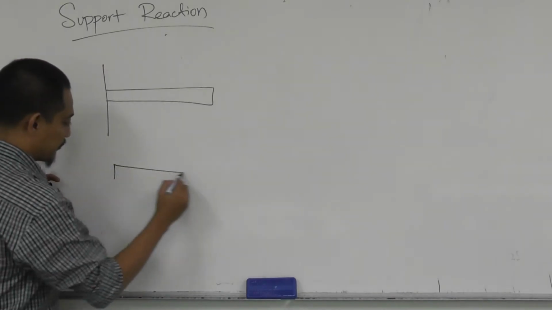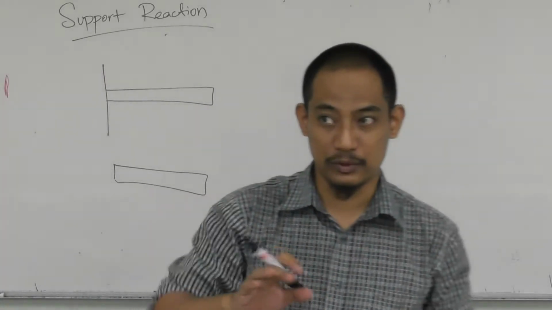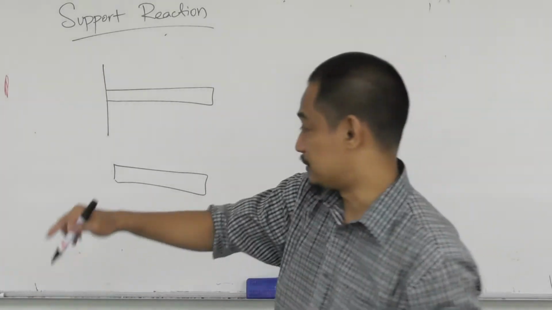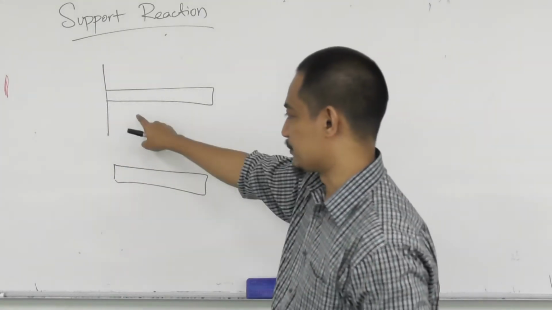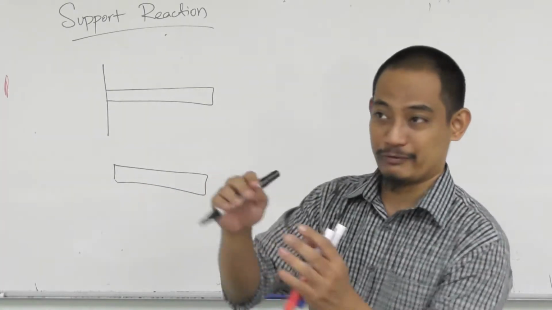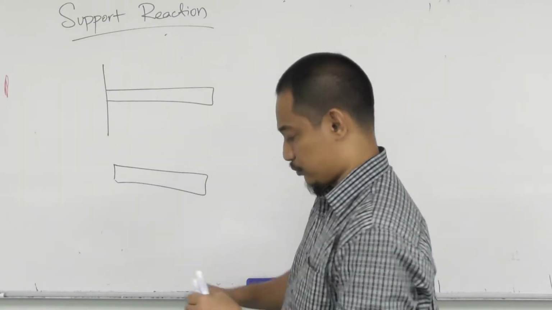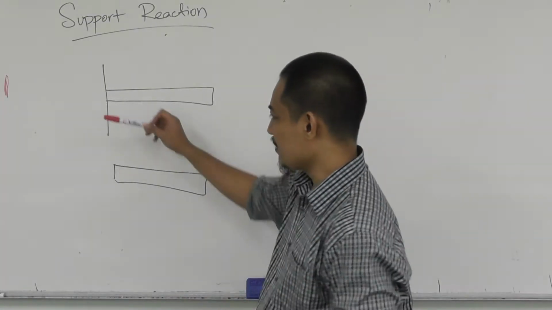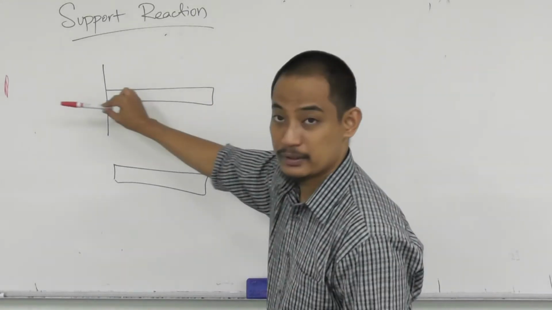So if you draw the free body diagram, obviously you have to take out the wall, right? That's the external, because this is the beam, the wall is external, so you have to take it out. This is not a complete free body diagram, but when you say it's free from the surroundings. So the question is, does this wall allow the movement in this way?